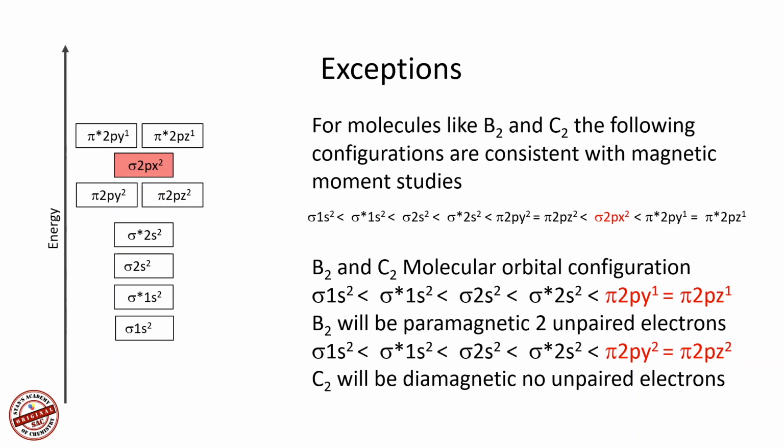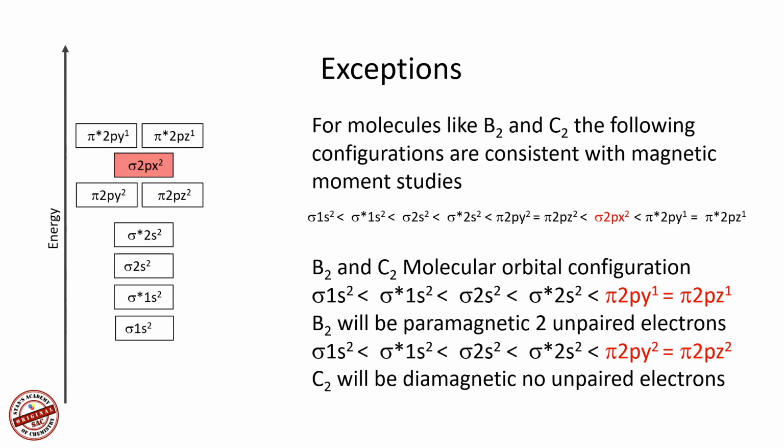Sigma 1s2 is less than sigma star 1s2, is less than sigma 2s2, is less than sigma star 2s2, is less than pi 2py1 equals pi 2pz1. Therefore, there are two unpaired electrons there, which makes the molecule paramagnetic, and therefore this configuration can explain the observation.